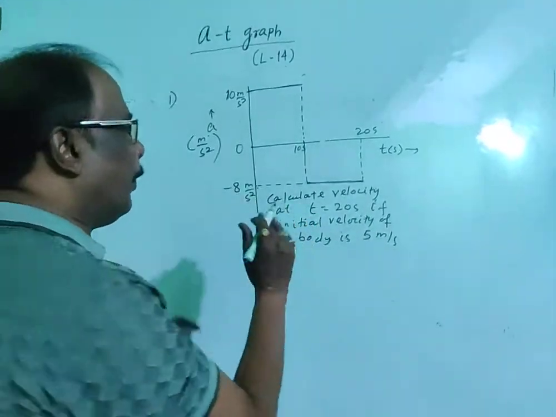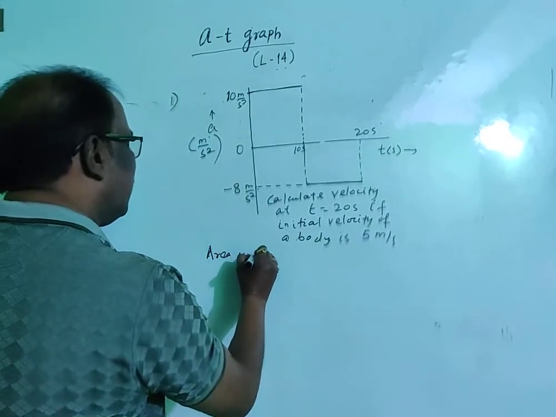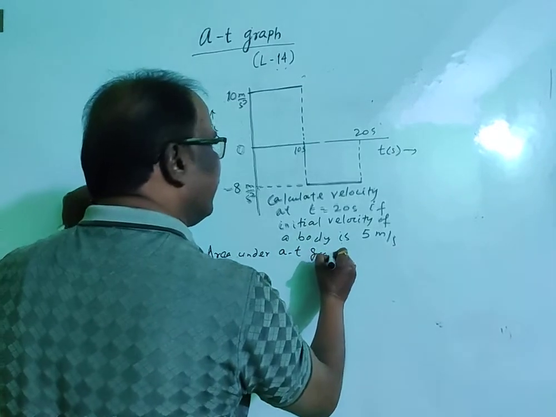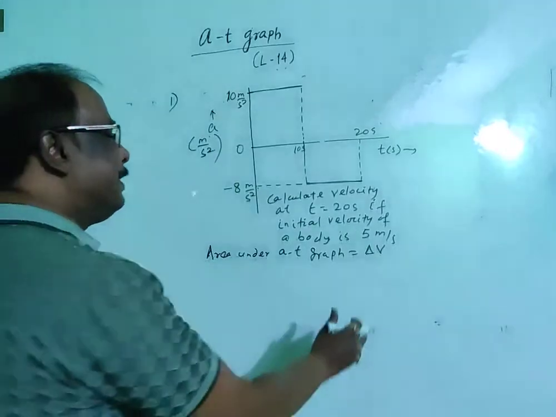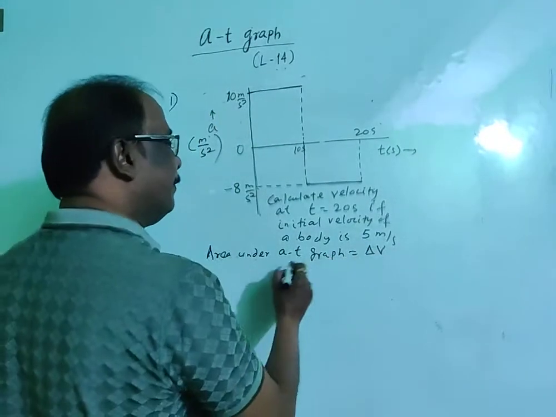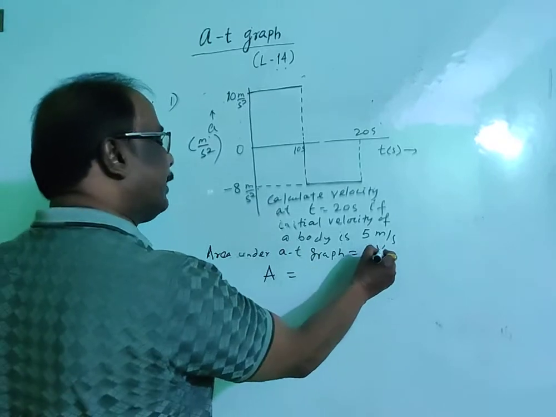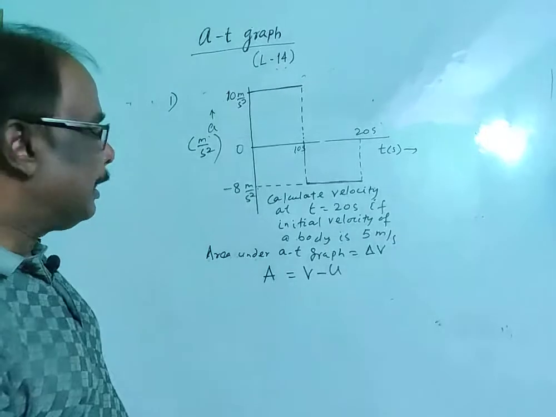What do we know? The area under the a-t graph gives us the change in velocity. Let's take A. The area under the a-t graph gives us the change in velocity, meaning final velocity minus initial velocity.